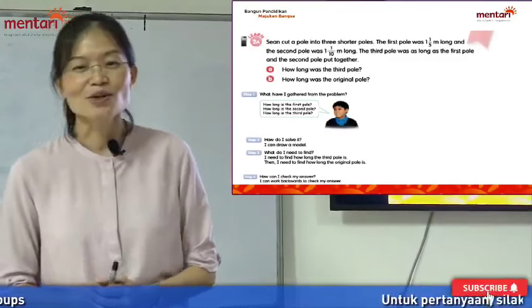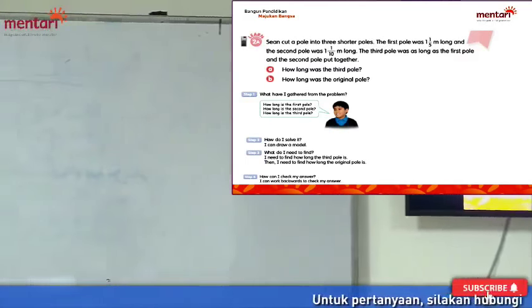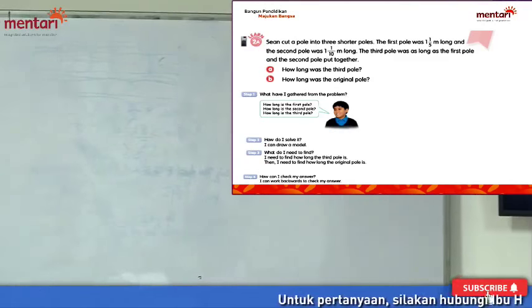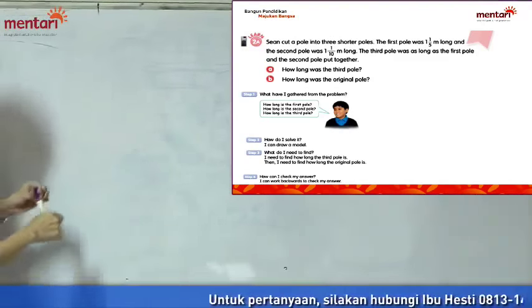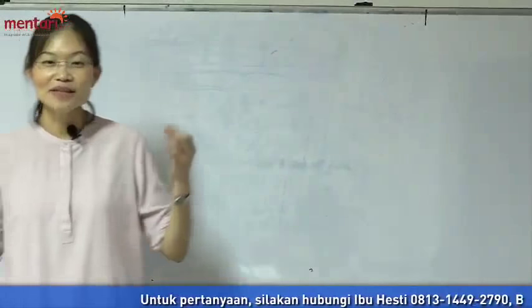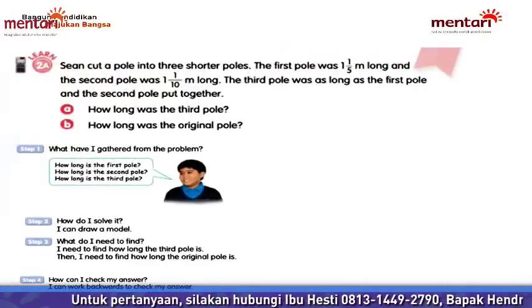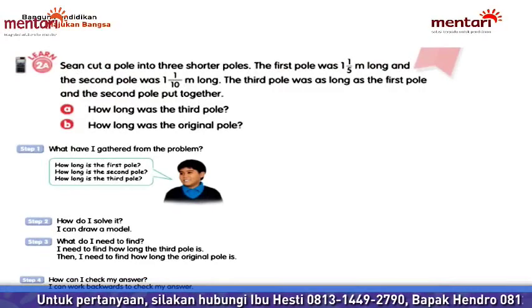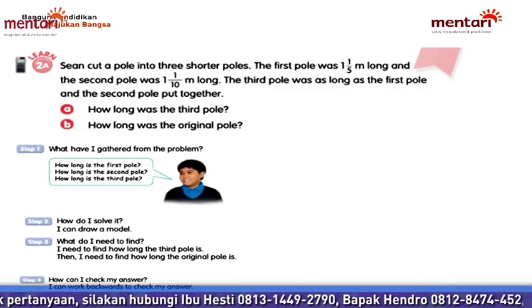Okay? So let's start. How do we plan? How do we draw the model for this? Remember, bar models are basically rectangles to represent quantity. And here we have 3 poles, and each pole has a different length.